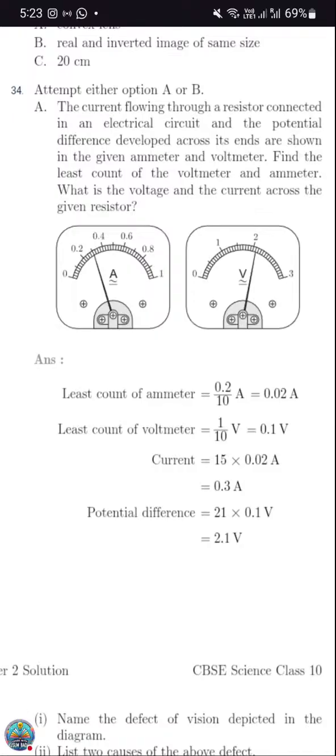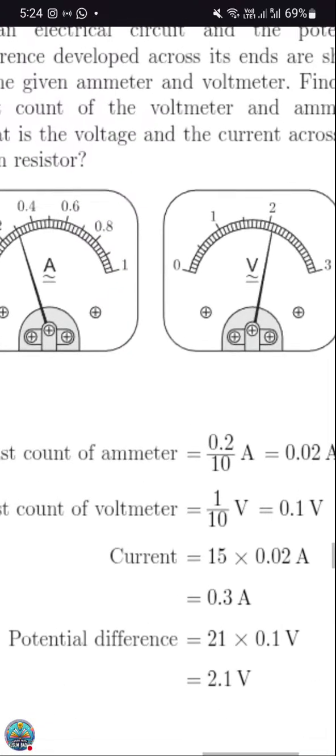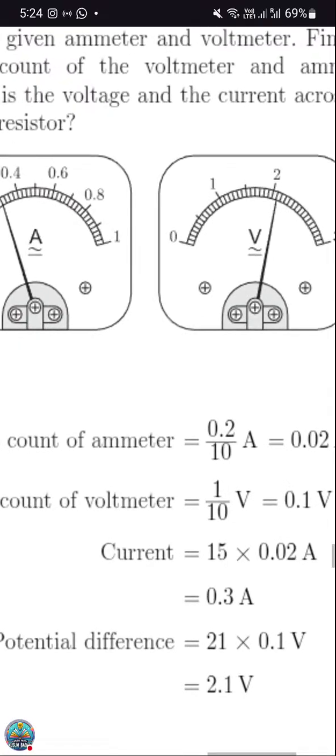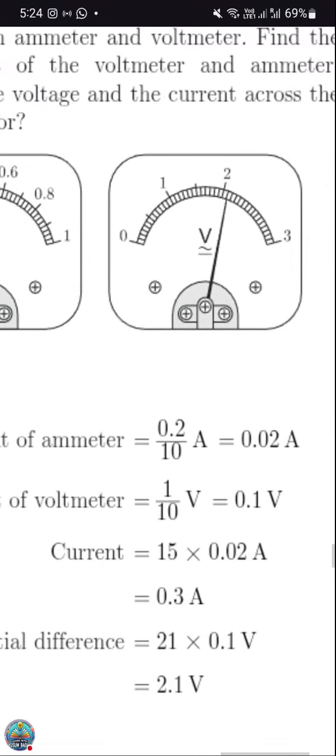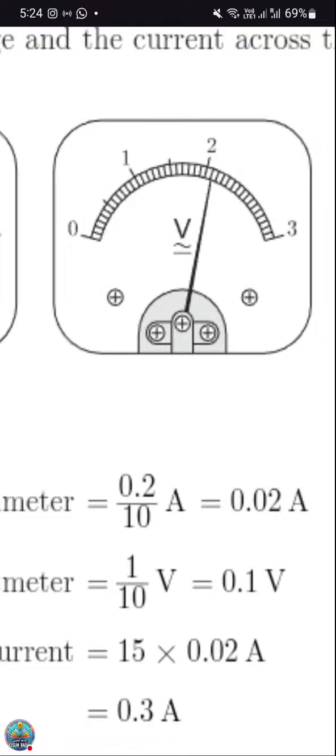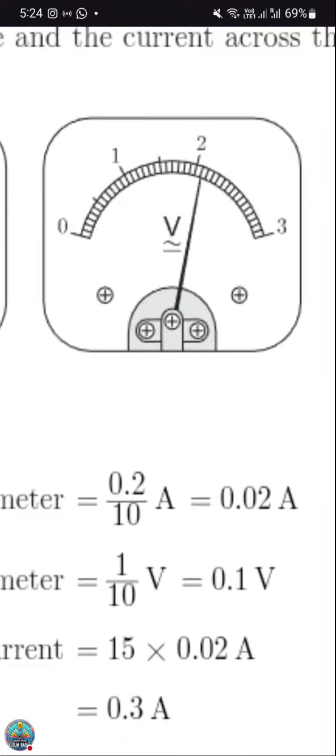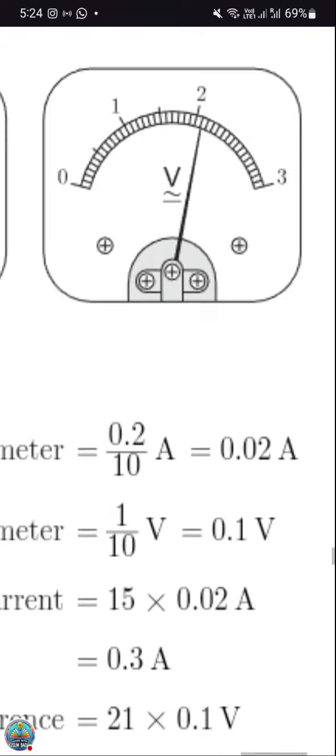And the least count of the voltmeter: to see the least count, we look at which division the pointer is at. The pointer is at the interval of 2.1. So we take the division as 1. 1 divided by 10, 0.1.